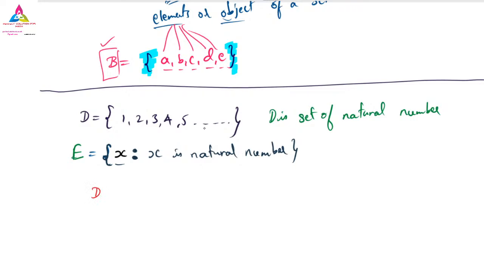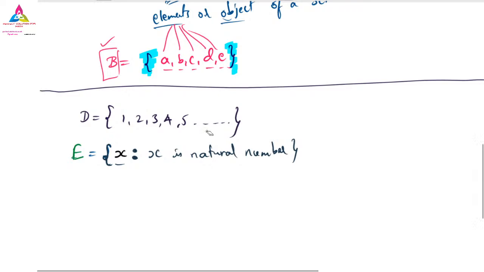Set D is equal to set E, but I have represented them in a different way. How can you say both are the same? Both of them have the same elements: 1, 2, 3. In set E, x is a natural number. The natural numbers start from 1, then 2.